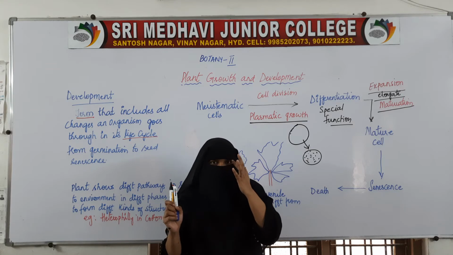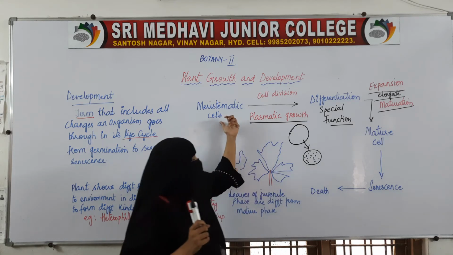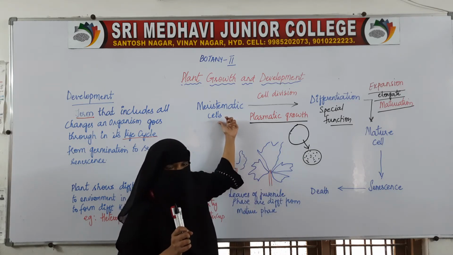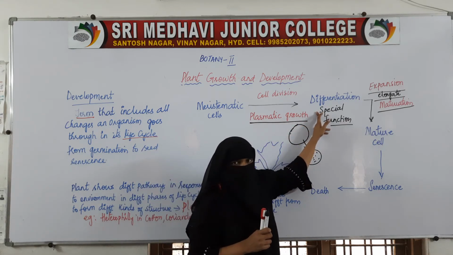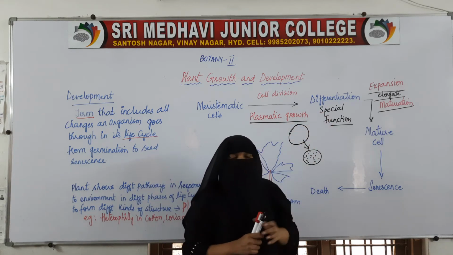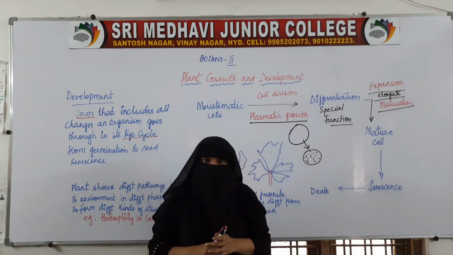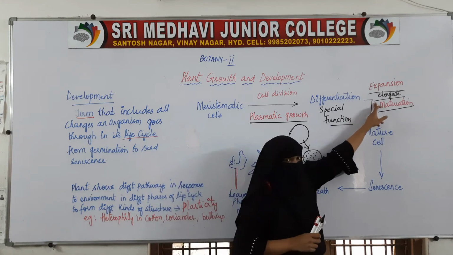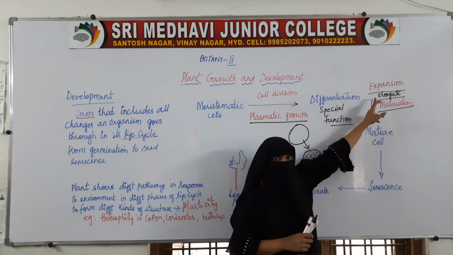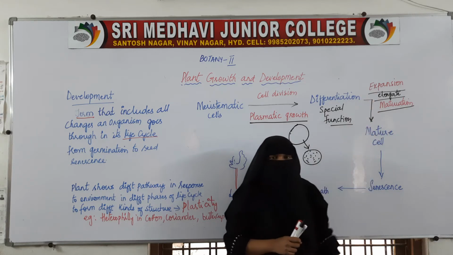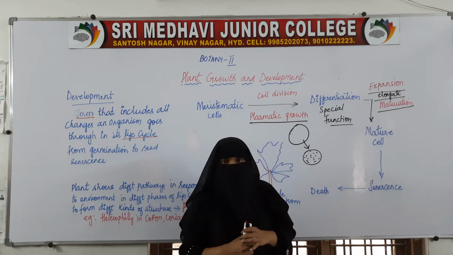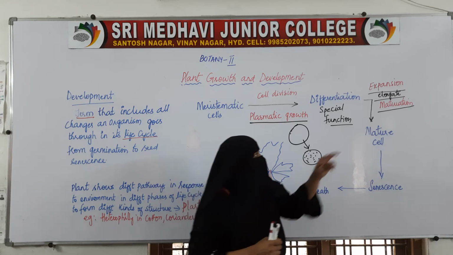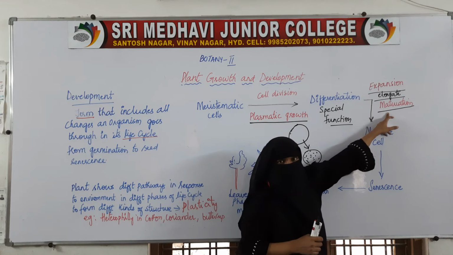We have seen all those things, how the meristematic cells will grow and divide, then get differentiated. After differentiation, the cells will undergo a process of elongation, that is called expansion. After the cell is expanded, after it is elongated, it becomes mature. The process in which the cells become mature is called maturation.